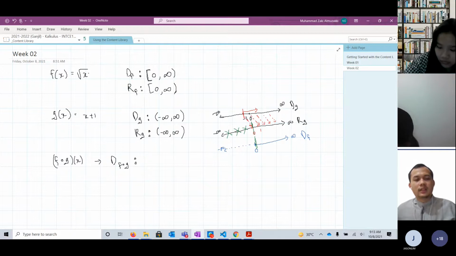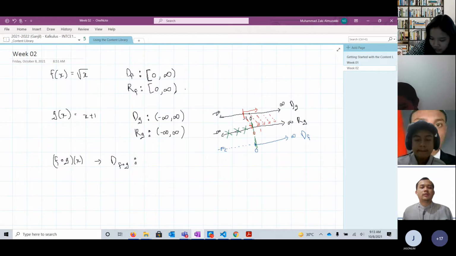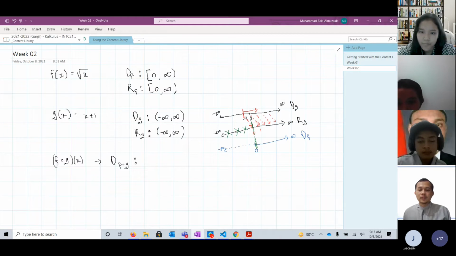So if we take negative x, we don't have square root of negative x. That's why the domain is only from 0 to infinity. In that case, the range is also from 0 to infinity. To be more precise, you need to take a look into the last week material. Yeah, I see. Thank you, sir.